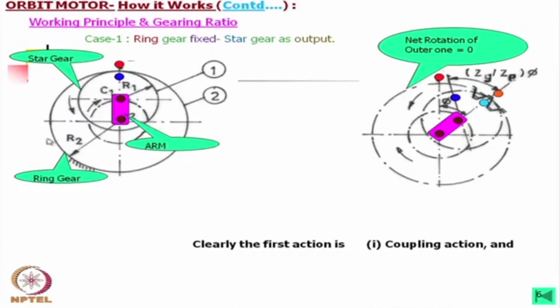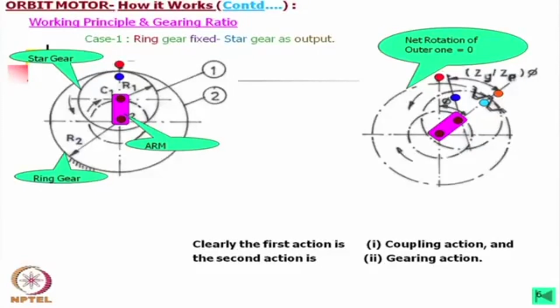Then what we find is that the first action we have given is the coupling action, and the second action is the gearing action. That means what we have done in this phase is the gearing action. In all such machines, you will find that the gearing action is actually happening in the opposite direction, and it is happening simultaneously.